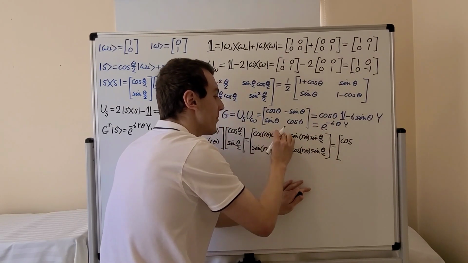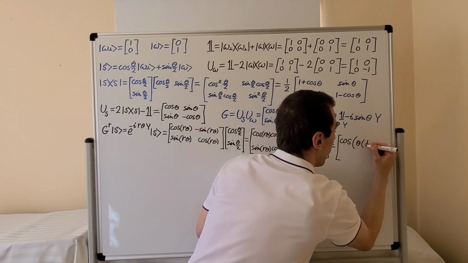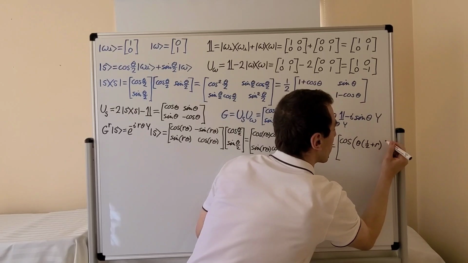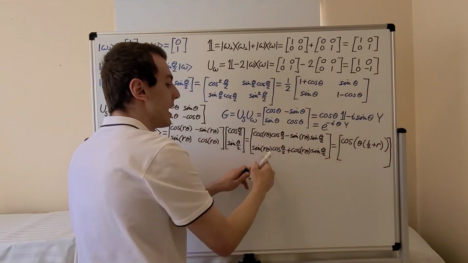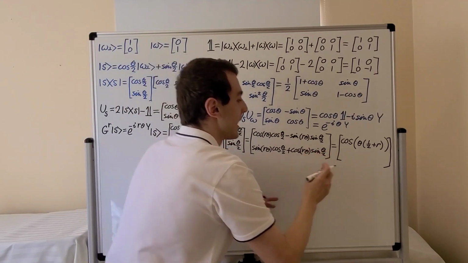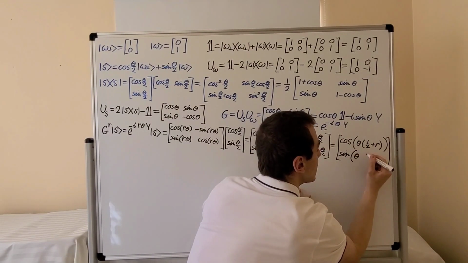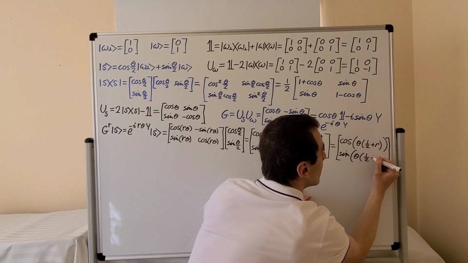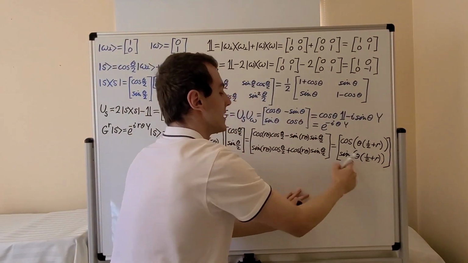And you can see there's a common factor of theta, so we can pull that common factor of theta out, and then we have 1/2 plus r. And what about this bottom part over here? Here we have sine cos plus cos sine. So this is equivalent to sine of theta times 1/2 plus r. So this is equivalent to this.